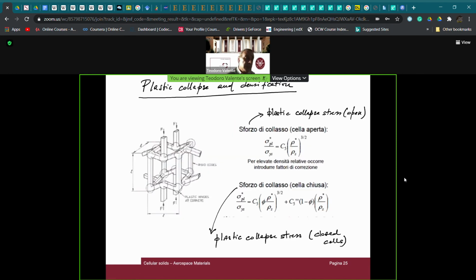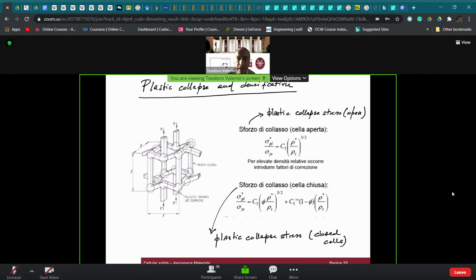Something similar to this approach can also be defined and used when we want to define the limit stress which is going to control the plastic behavior.